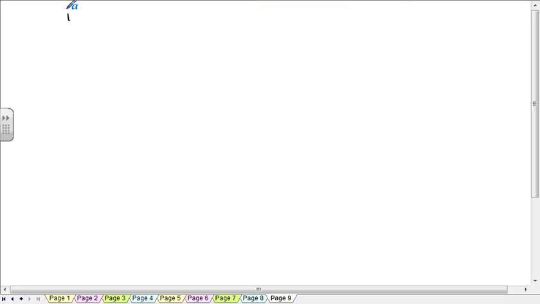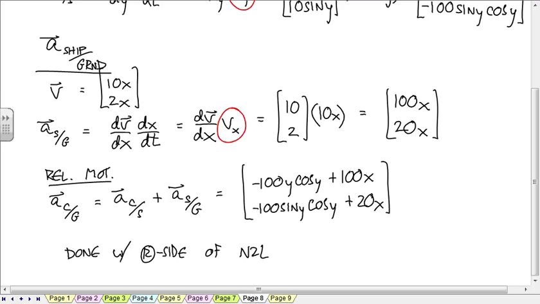So the left side, draw a free body diagram of the car. Well, it's a function, so there's nothing to solve. If you are given a location of the ship, you can plug the x and y values in and it'll give you the acceleration.